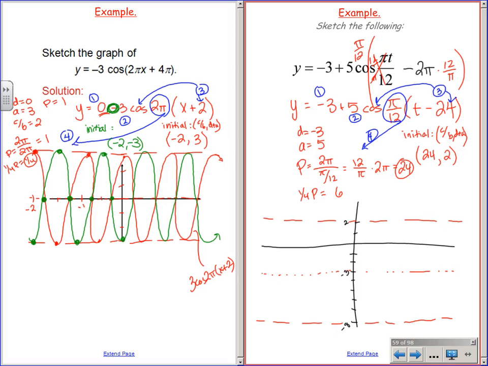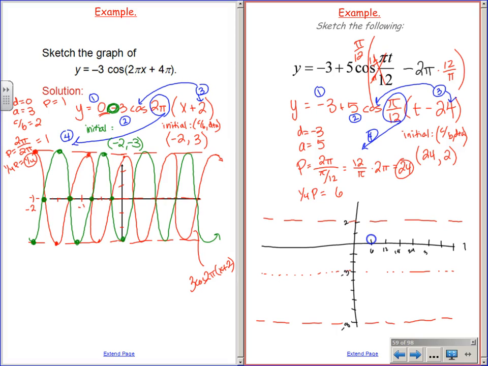Uh-oh, I'm going by 6s, huh? All right. 6, 12, 18, 24. Oh, that's way too narrow. So I have 6, 12, 18, 24.